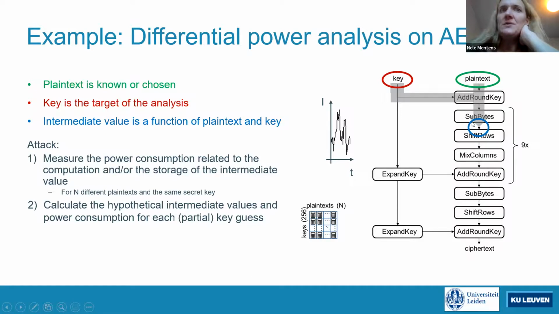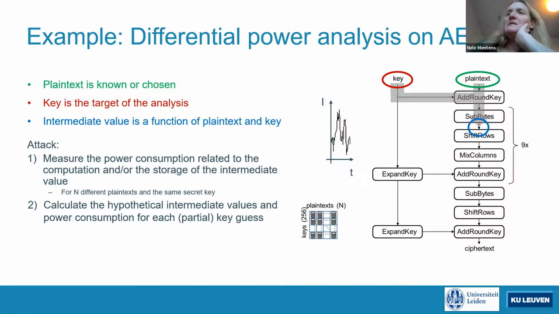So an attacker can compute the hypothetical intermediate value here, and also the hypothetical power consumption that belongs to that intermediate value. An attacker does that by using a power consumption model. For example, saying, if I have here a byte that has 4 ones and 4 zeros, then I assume that my power consumption is this high.